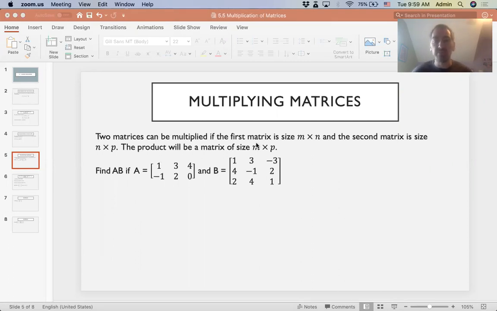That first matrix, if it's size m by n, then the second matrix must be a size n by p, where m, n, and p represent any numbers.